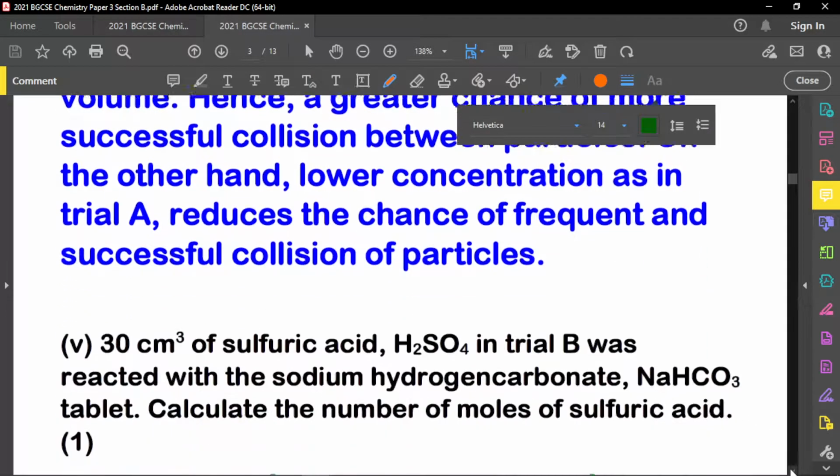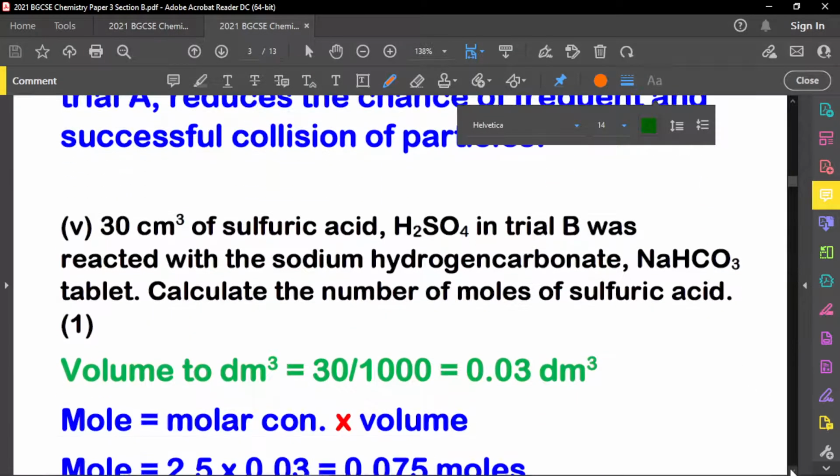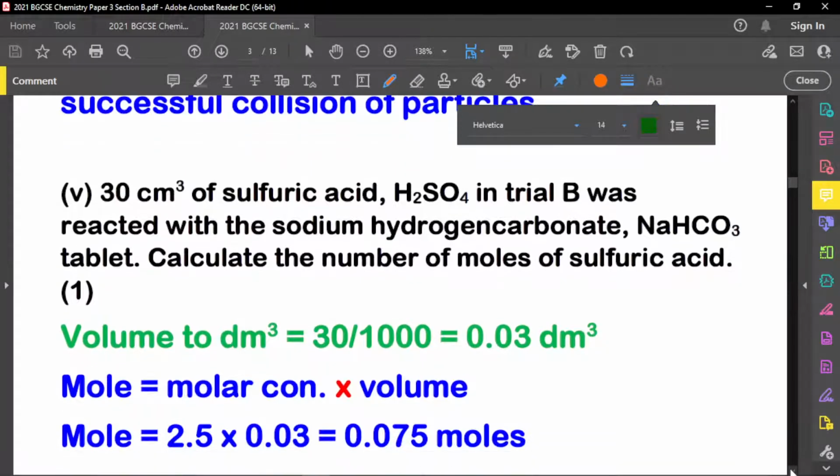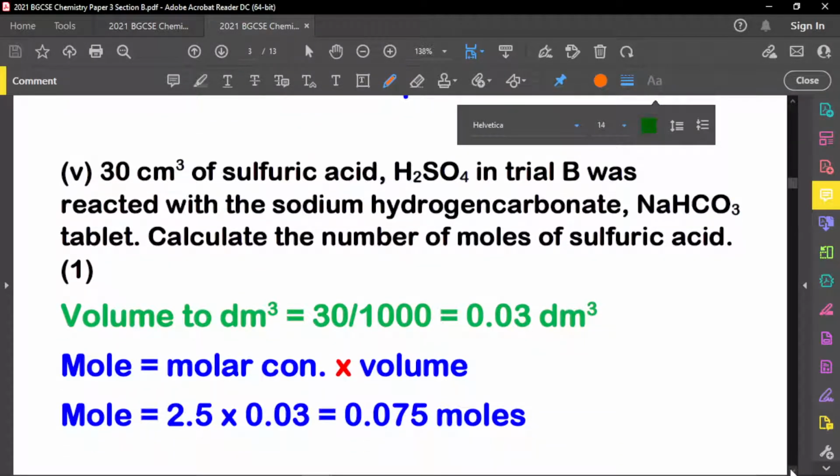Now part 5 says that 30 centimeters cube of sulfuric acid, H2SO4, in trial B was reacted with a sodium hydrogen carbonate, NaHCO3, tablet. Calculate the number of moles of sulfuric acid. We have the volume of sulfuric acid that was used, and notice that this volume is in centimeters cube.